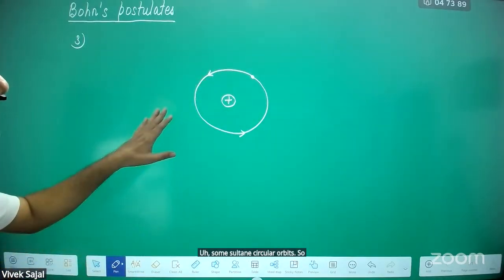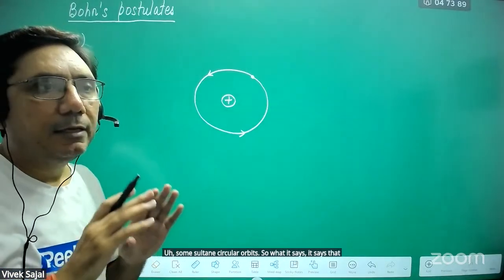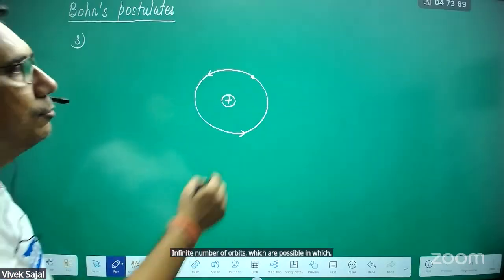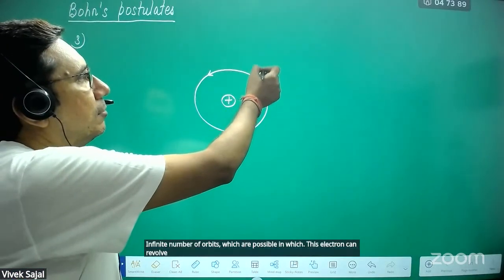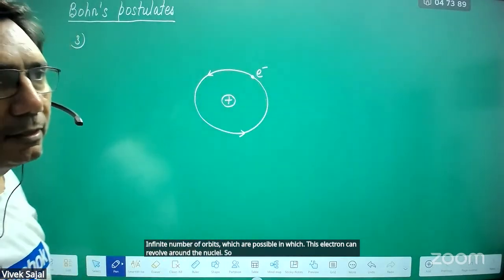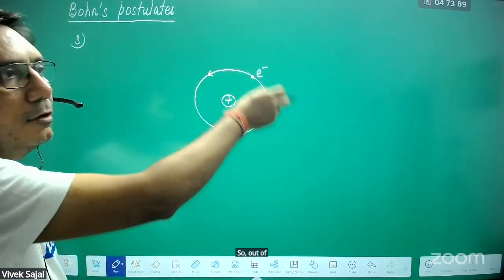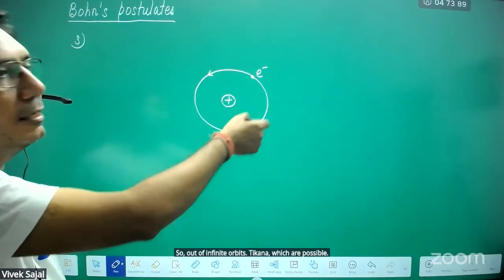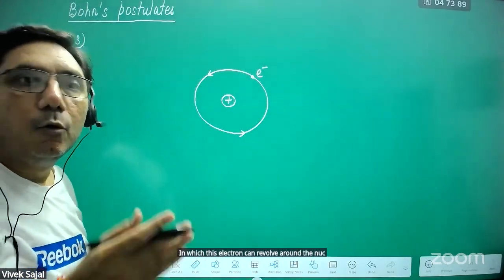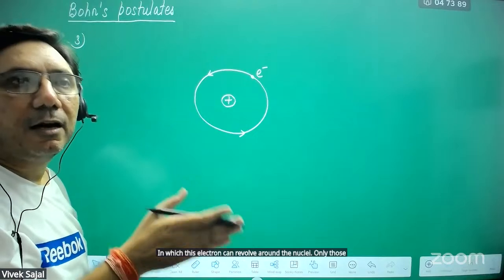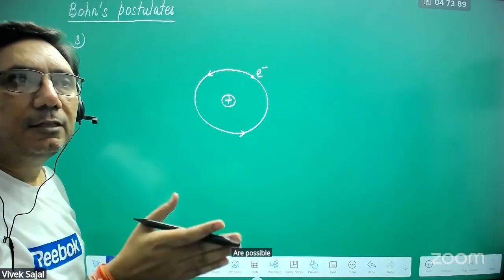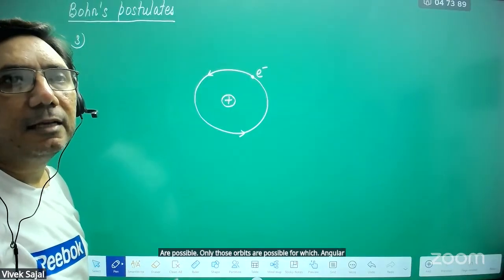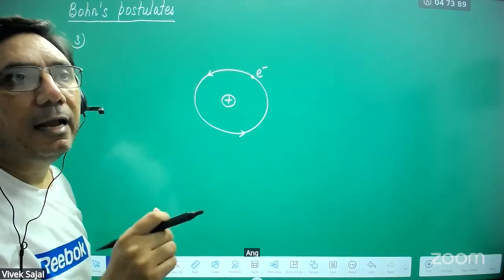This postulate says that out of the infinite number of orbits in which the electron can revolve around the nucleus, only those orbits are possible for which the angular momentum is n times h cross.